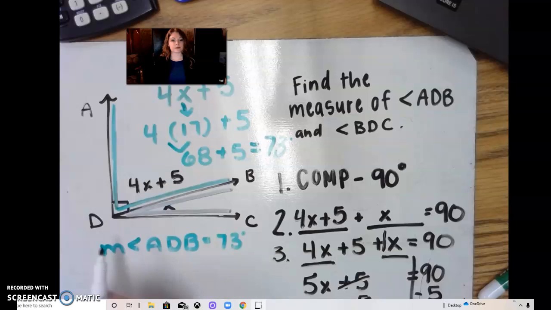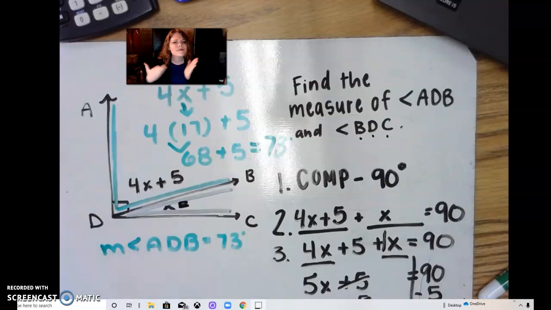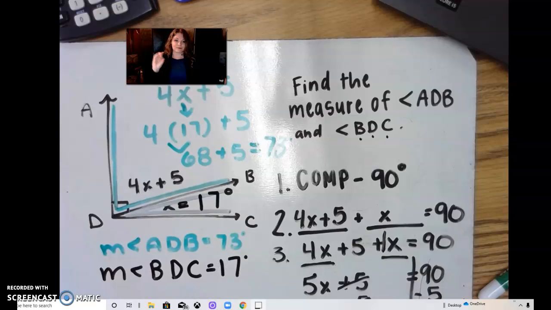We have to find BDC, and I just followed the letters here. This one's just x. Well, we know x equals what? 17. So the measure of angle BDC is 17 degrees.